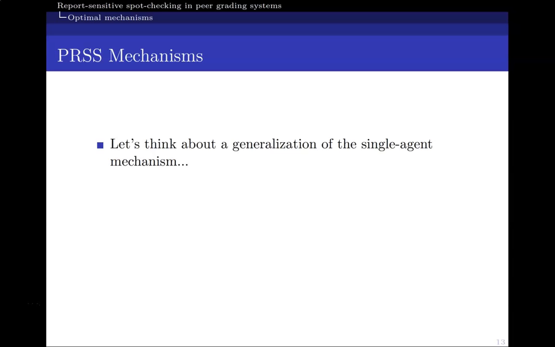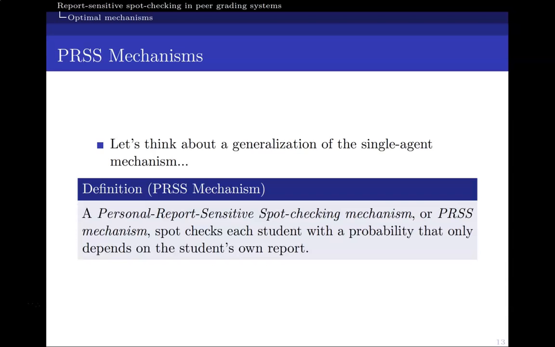Having this in mind, now let's think about a naive generalization of this single agent mechanism, which, even though there might be more than one grader, still only spot checks each grader based on their own reported grade. In fact, to get more formal, we define a new group of mechanisms which we call PRSS, or Personal Report Sensitive Spot Check Mechanisms, which spot check each student with a probability that only depends on the student's own report.